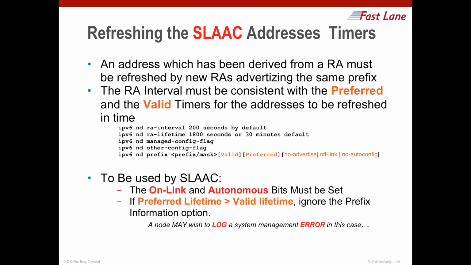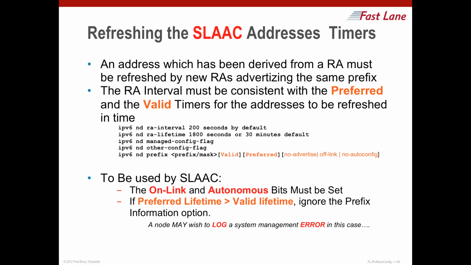The lifetime is how long the router advertisement remains valid to consider a router as a default route. You may also have to configure the managed and the other configuration flag if you plan to use DHCPv6. And all this configuration can be done on the IPv6 and the prefix configuration set.